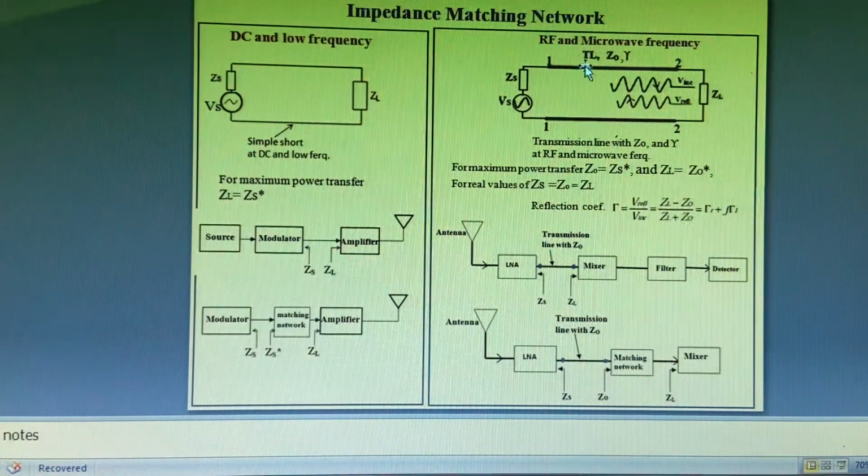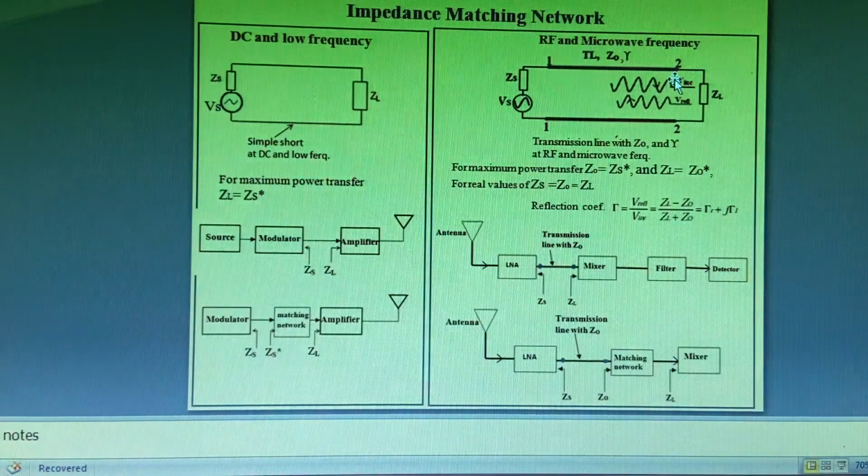If Zl is not equal to Z0, then in the RF and microwave frequency regime, whenever a signal travels over a transmission line, the wave leaves the source and enters the transmission line with a characteristic impedance equal to Z0.